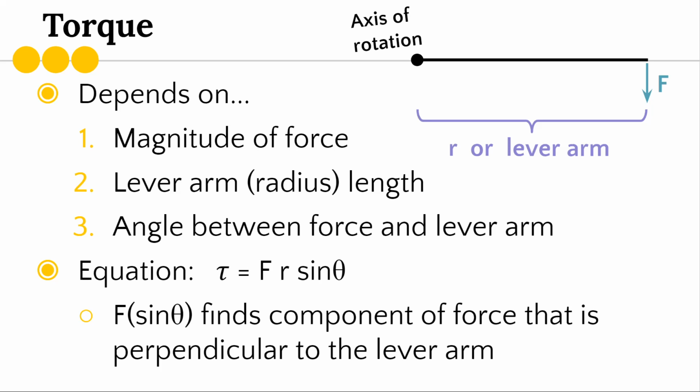If a force is applied at an angle, which doesn't typically happen when we're opening doors but could happen with other types of objects, then you would just want the component of the force that is perpendicular to the lever arm. So if it's at an angle, you would have to do some trig, specifically sine theta, to determine that component that would be causing the torque. So F R sine theta, and again, F sine theta is the component that's perpendicular to your lever arm.